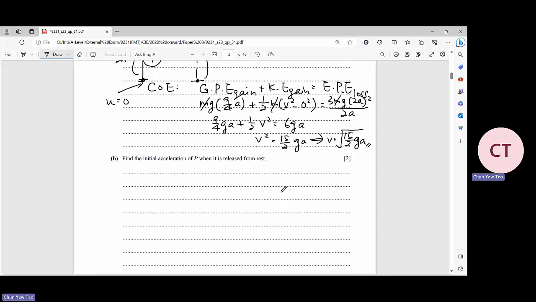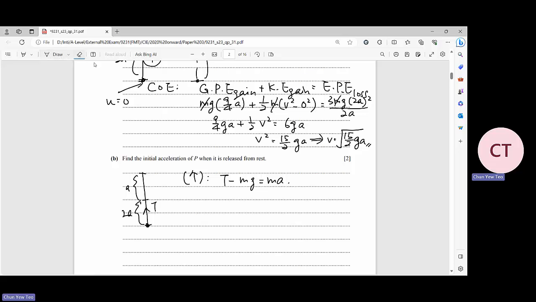Now we move to part B, the initial acceleration of P when it's released from rest. This is A, this is 2A, and you release from rest. When you release from rest, if you resolve the forces vertically, you have T minus mg equals to ma.